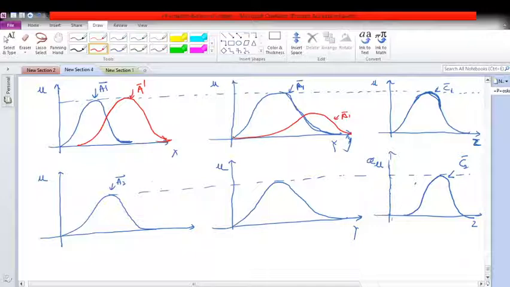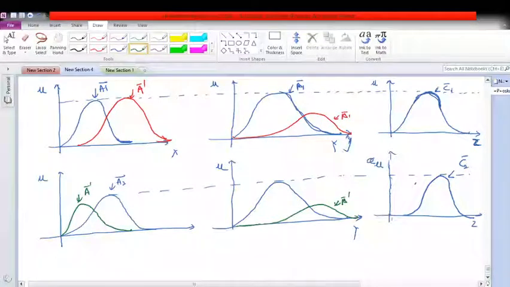And similarly in a2 also, suppose there is a change as a bar dash in rule 2, and b bar dash is something like this. Okay, so what is its corresponding consequence? That is z is c bar dash.